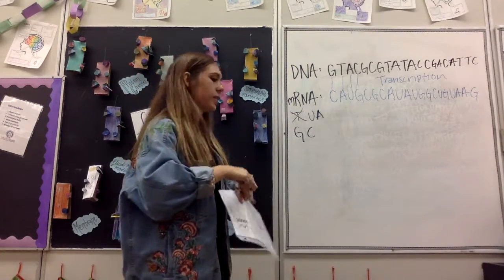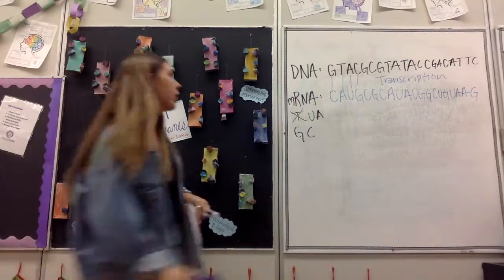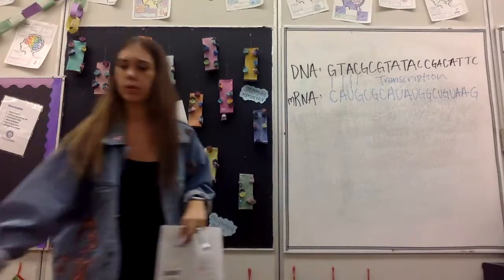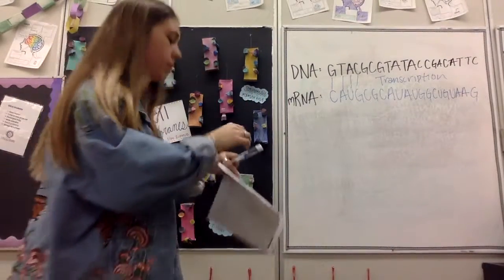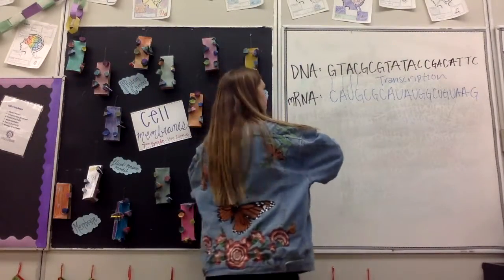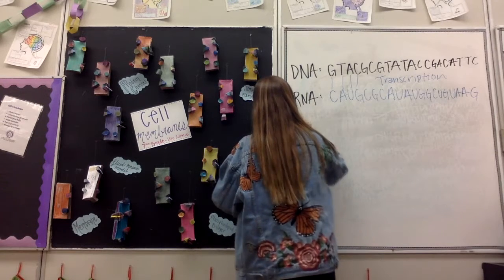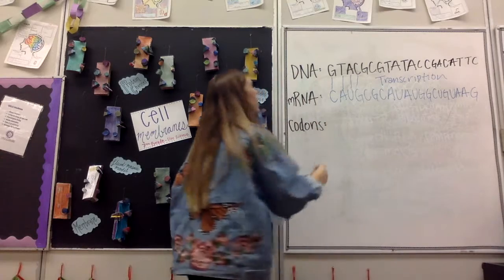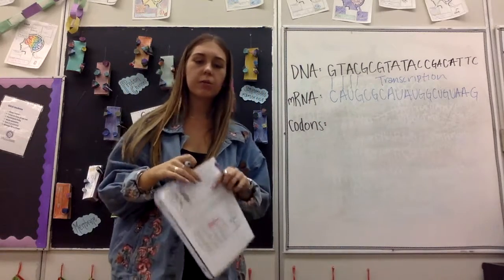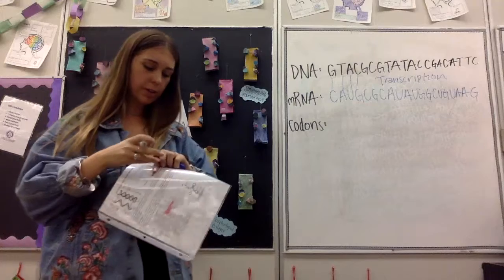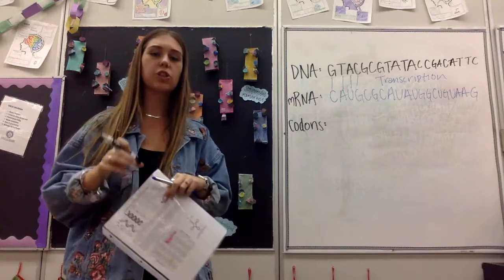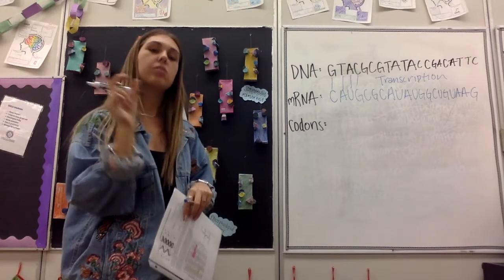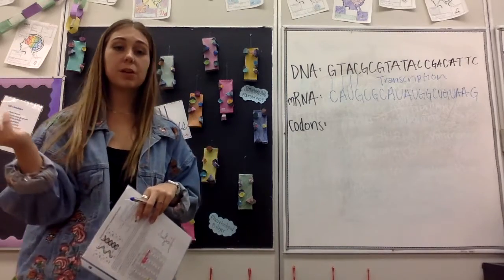We then are going to need to write down our codons. The first codon that we're going to use, and once again, I kind of talked about this in class, it's kind of like a secret language where each 3 pairs are going to code for some amino acid.